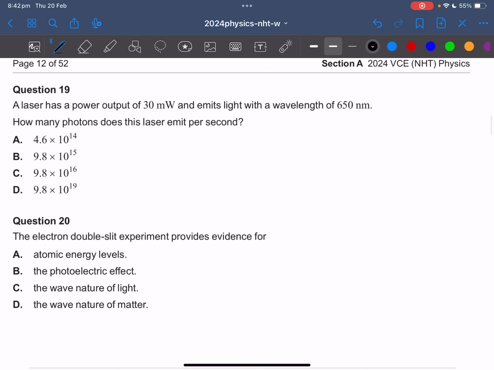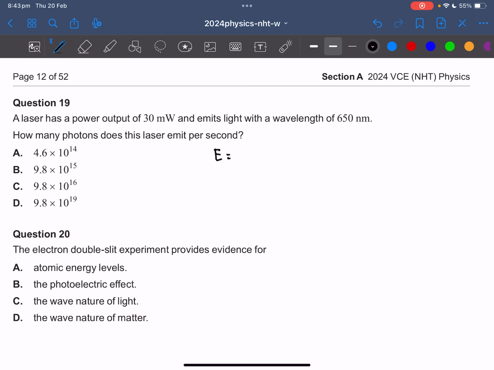A laser has a power output of 30 milliwatts and emits light with a wavelength of 650 nanometers. How many photons does this laser emit per second? So let's find the energy emitted by one photon, so hc on lambda. So we will have 6.63 times 10 to the minus 34 times 3 times 10 to the power of 8 all over the wavelength, which is 650 times 10 to the power of 9, because it's nanometers.